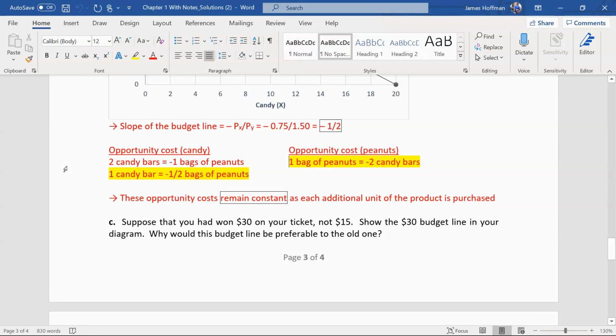And also every time you gain a bag of peanuts, you give up 2 candy bars, so that's the opportunity cost of peanuts. So we simply define the opportunity cost of candy bars as negative 1/2 bag of peanuts, and the opportunity cost of peanuts is negative 2 candy bars. So that's what you give up to gain more of one good. This is the rate that you give up of the other, which is exactly the opportunity cost.